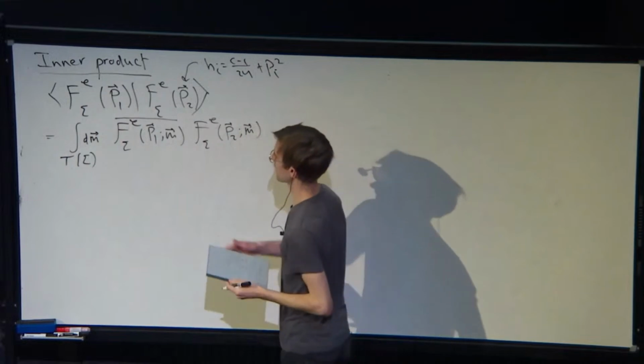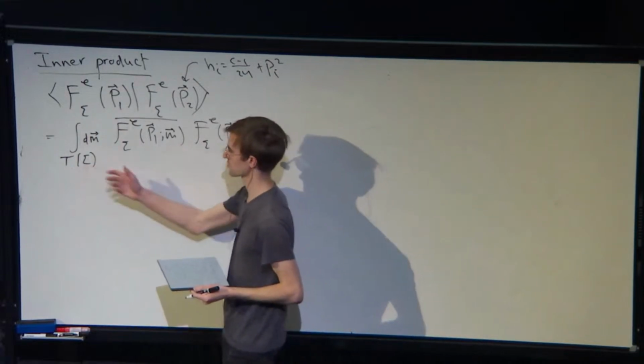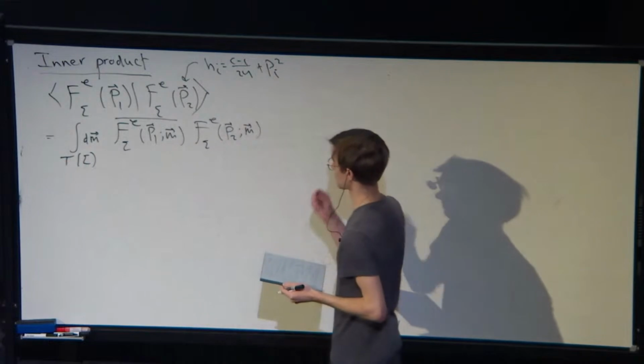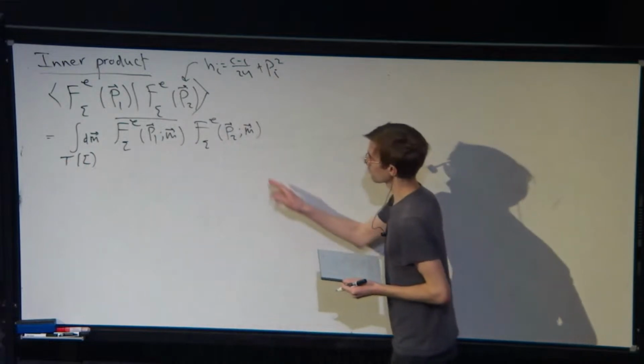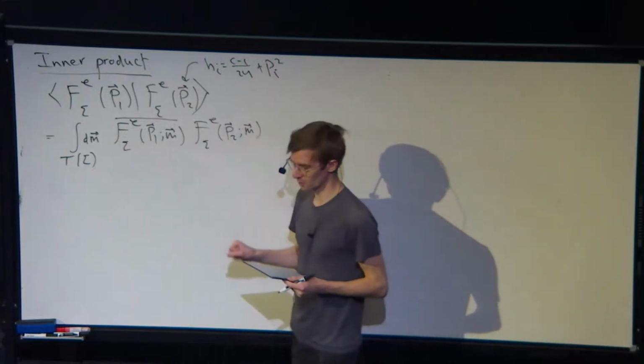Here I'm using M to denote these coordinates on the Teichmuller space, which again is locally equivalent to the moduli space. But we know from string theory this isn't on its own a well-defined thing to do.